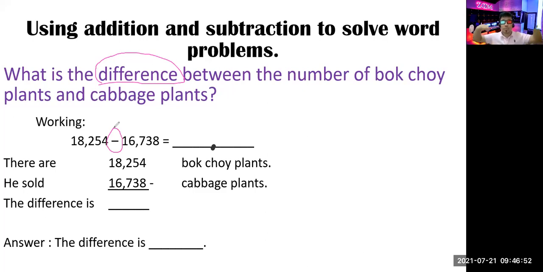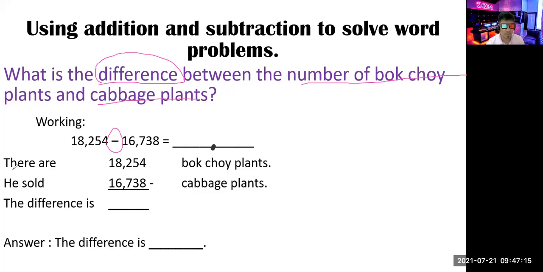When we say difference, we will find the difference. We will subtract, minus, so that we will know the difference of their height. Maybe one is taller and the other is shorter. So here, what is the difference between the number of bok choy plants and cabbage plants? For us to know the difference, we need to use subtraction.